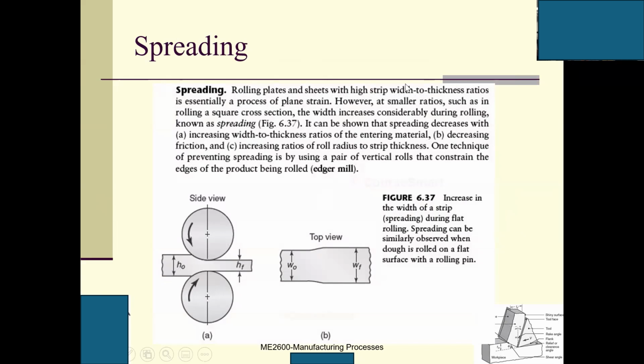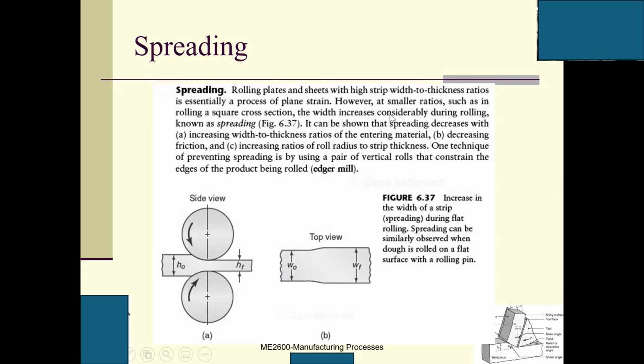Width and thickness, that means it is wider. We can just treat it as plane strain, the 2D case. However, at a smaller ratio, such as in rolling a square cross section, this is kind of interesting.